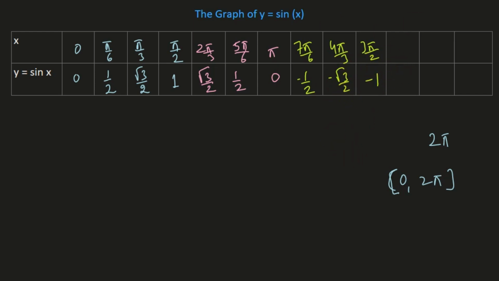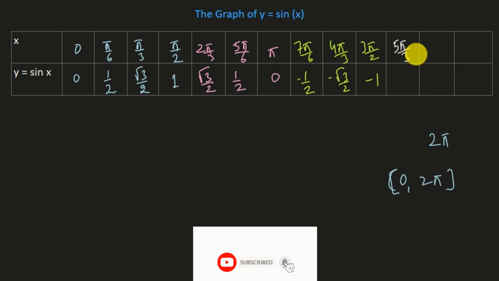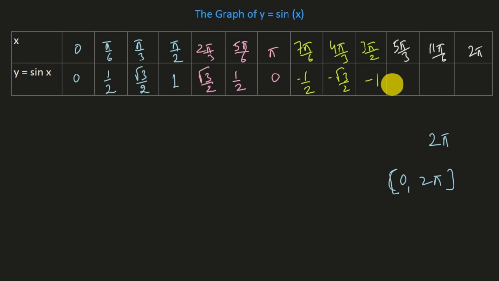Now we'll be entering the fourth quadrant, so 5 pi by 3, then 11 pi by 6, and finally 2 pi. Here you will get minus square root 3 over 2, minus 1 over 2, and 0. So these are the values of x and these are the values of y.